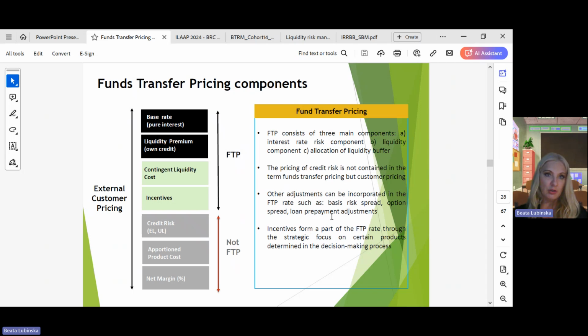So first of all, you have the base component, which is telling you how interest rate risk is transferred, and on what basis.